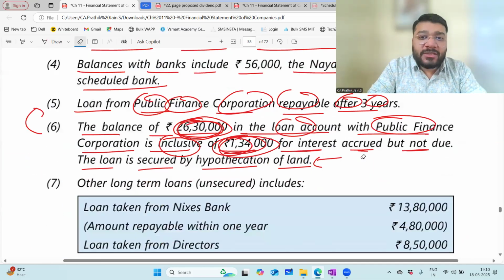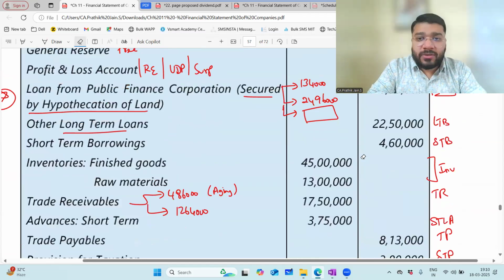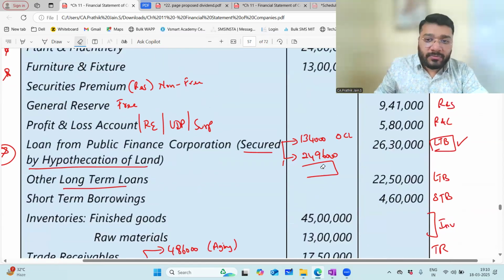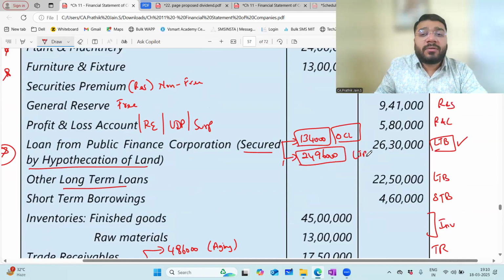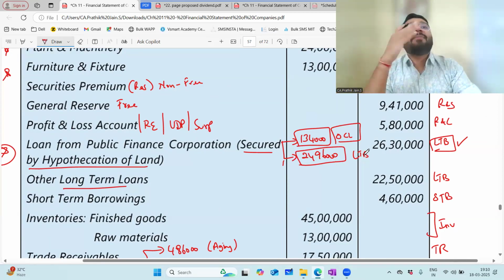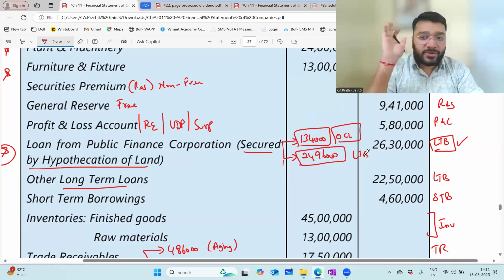Sorry, the total is 26 lakh 30,000. In that 1 lakh 34,000 is interest accrued but not due. It goes to your other current liability. So the balance, 24 lakh 96,000, goes to your long-term borrowing. Simple, same like last question. No change.